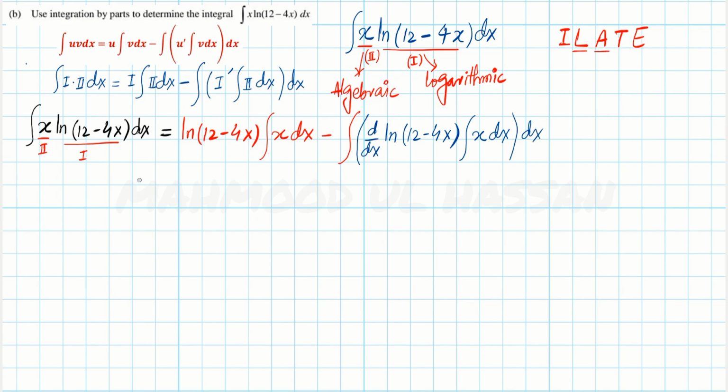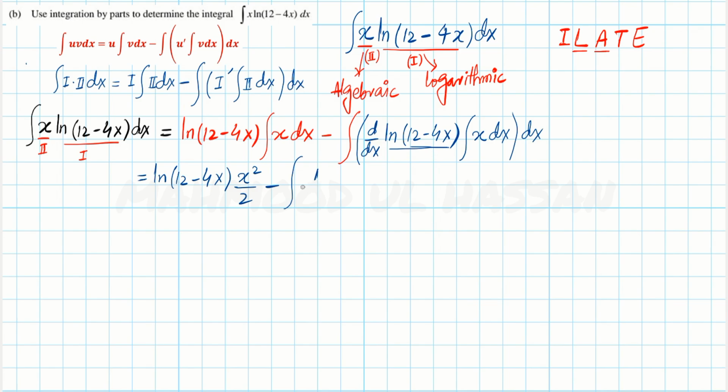Okay, so here we have natural log of 12 minus 4x, and the integral of x is x squared divided by 2, then minus the integral of the derivative of first. The derivative of log of x is 1 upon x, but here the argument is not x, it is 12 minus 4x.